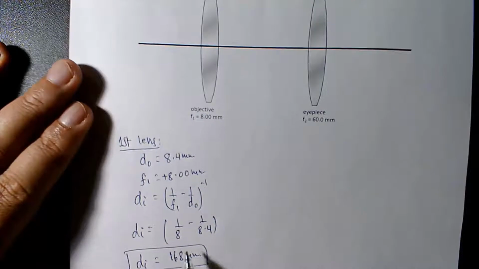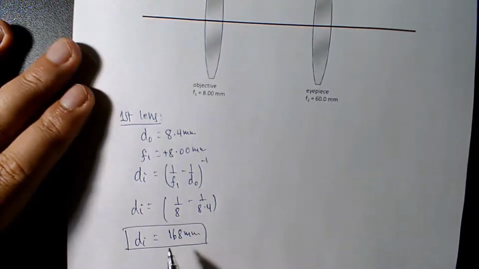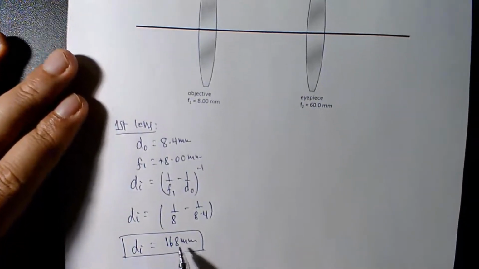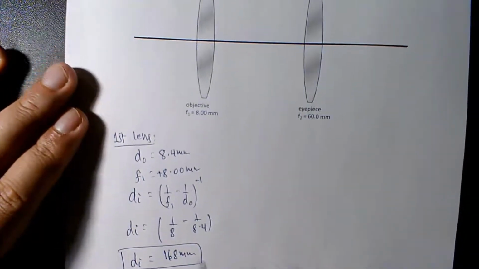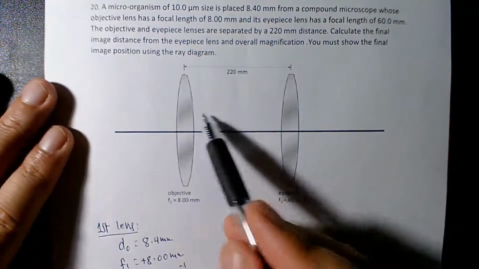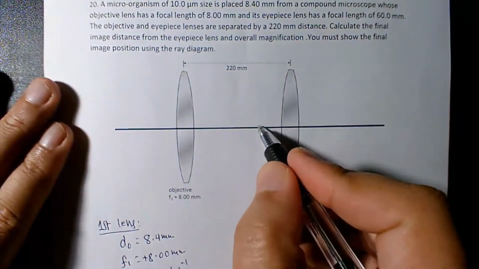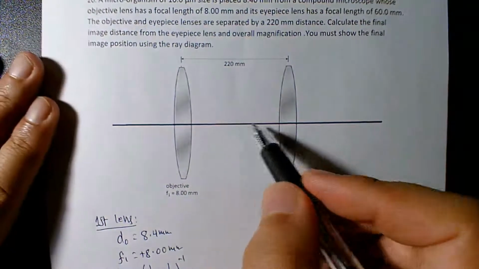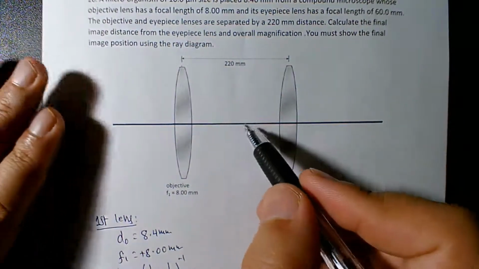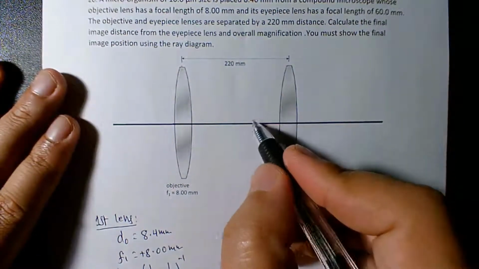What does it mean? The image distance of the image formed by the first lens lies 168 millimeters from the first lens. These two lenses are separated by 220 millimeters, so the image is somewhere here. Drawing all the figures to scale is a little difficult, so it may not be to scale.